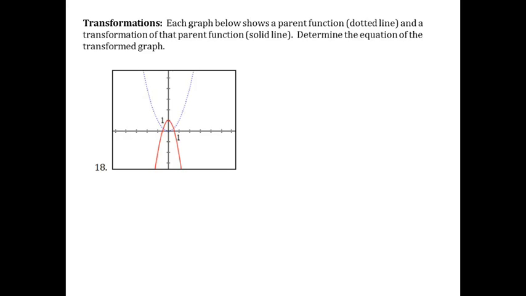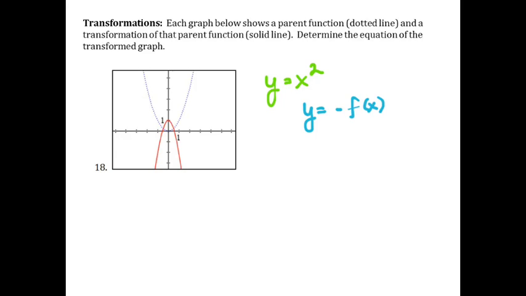In this graph, our parent function is y equals x squared. And again, I think we've got two transformations here. First of all, the graph has been reflected over the x-axis, and so we remember that transformation, y equals negative f of x. But we've also had a narrowing of the graph.